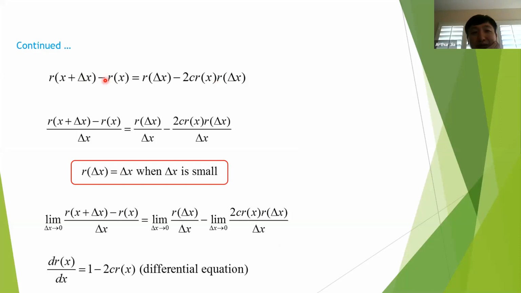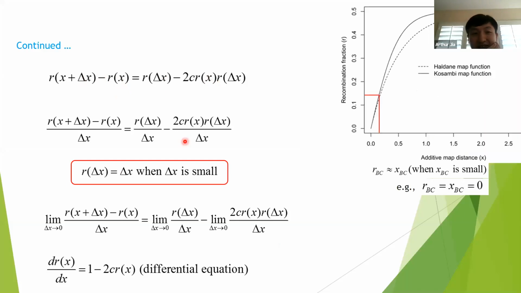For this equation, we just divide both sides by this delta X. And as you can see, this is our map function, the relationship between the two. And when delta X is very small, we can treat R of delta X as roughly equal to delta X itself.